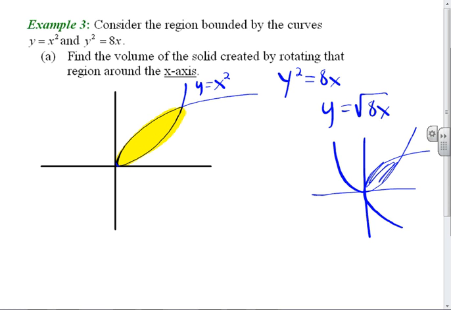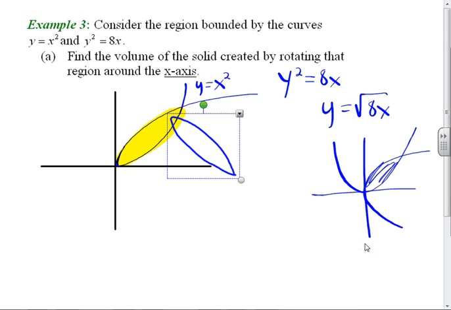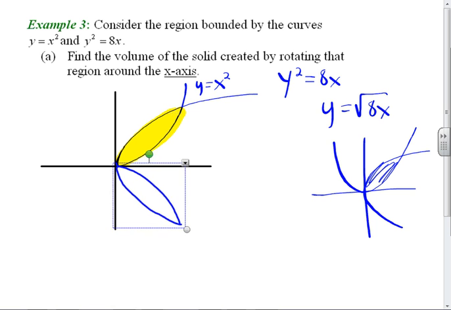And so I'm going to trace this out. I'm going to cheat a little. Yeah, it's not fair, is it? I did a pretty nice freehand one on that.